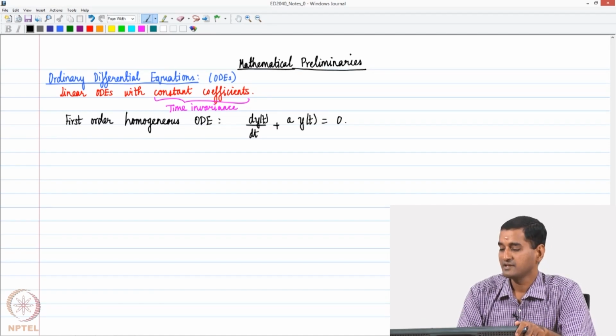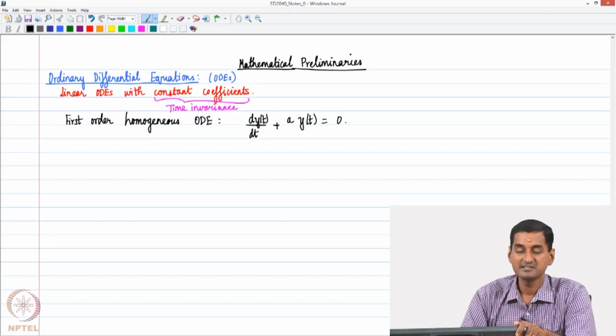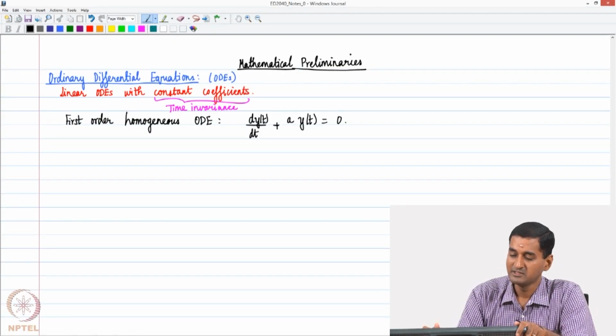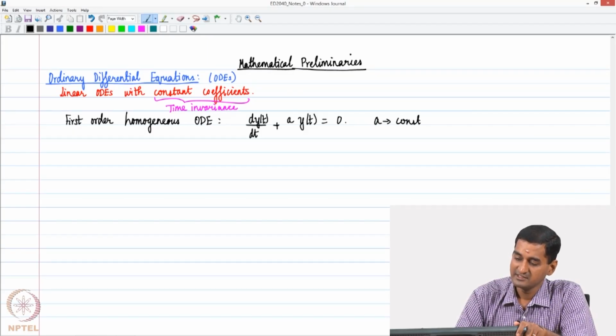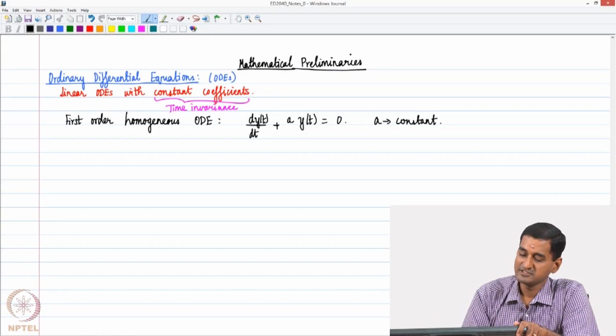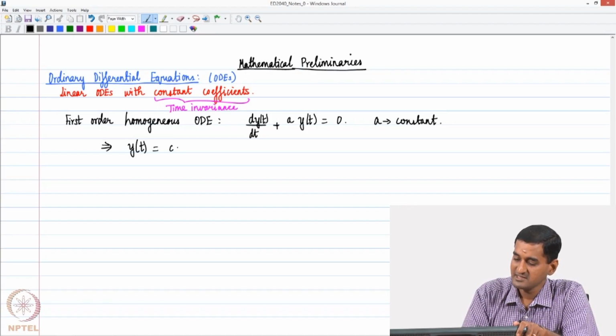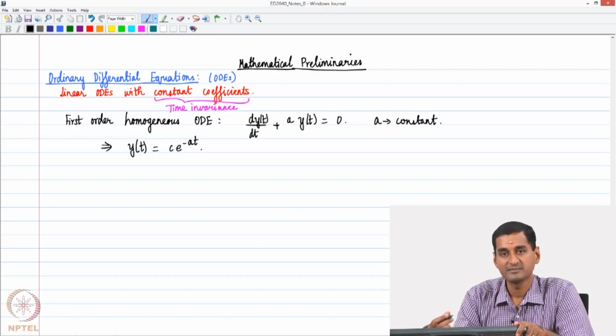So let us say we consider a linear first order homogeneous ODE of this particular form, where of course a is a constant parameter, a constant real number. All of us know that the solution to this ODE is of the form c e^(-at), right? So that's something which all of us know, right?